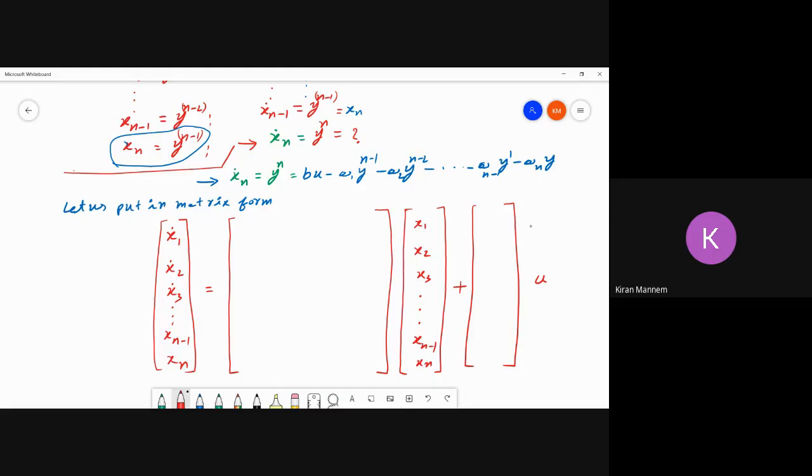Now x dot 1 is nothing but your x2. So I can keep 0 here, first element, and I'll keep 1 here and keep zeros till all the values, right? So similarly for x2 dot, I can keep 0 here, 1, 0, 3 dots, 0.